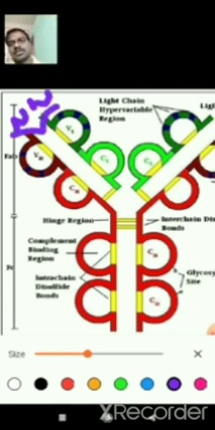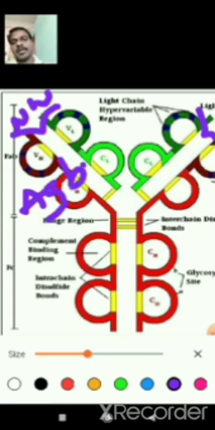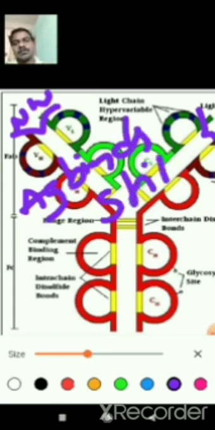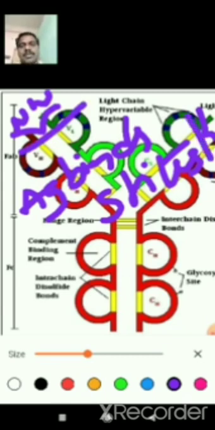This side and that side are called antigen binding sites. Every antibody contains two sites, one at each N terminal.